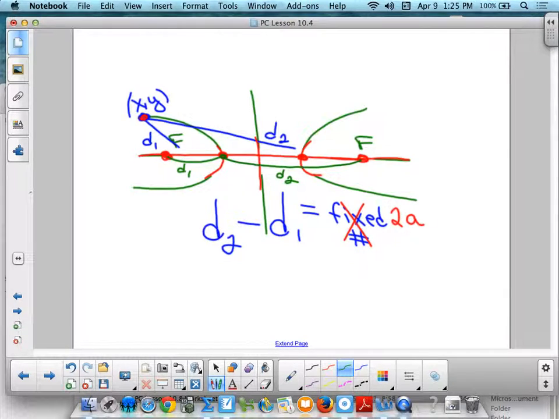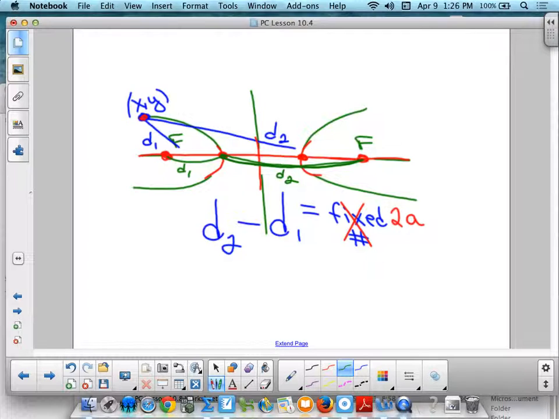How long is D2? How long is D2 from here to here? Does anybody know how long that is? 2a plus d1. You're saying 2a plus d1. Okay, don't use d's. Only use a's and c's.